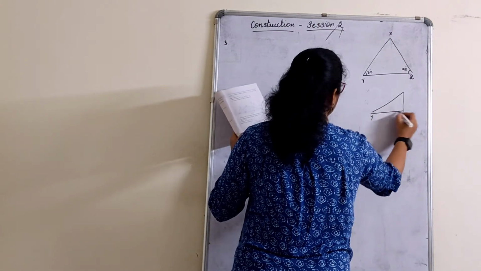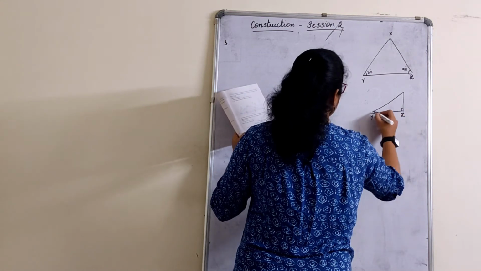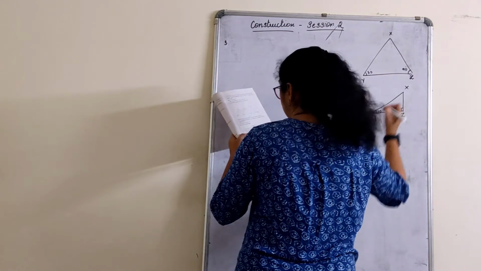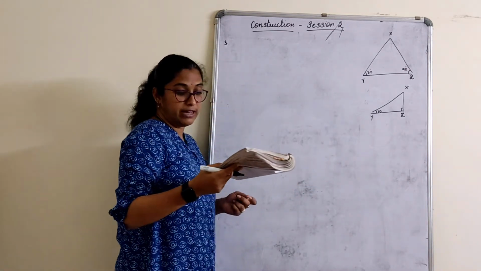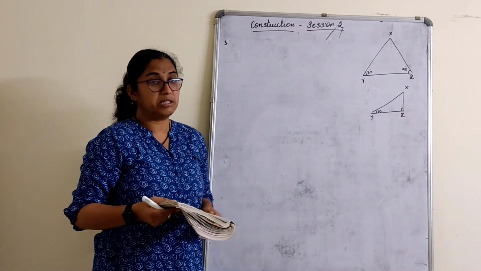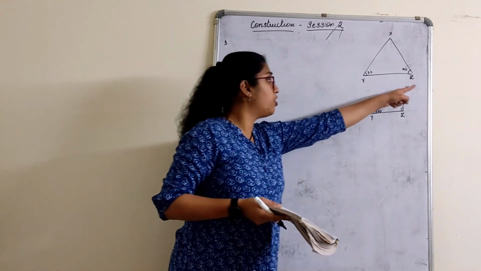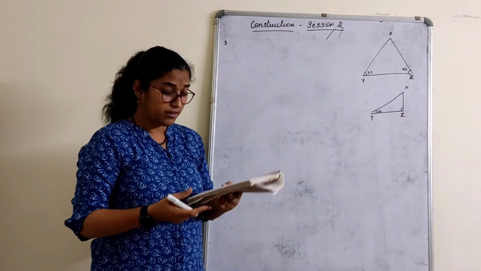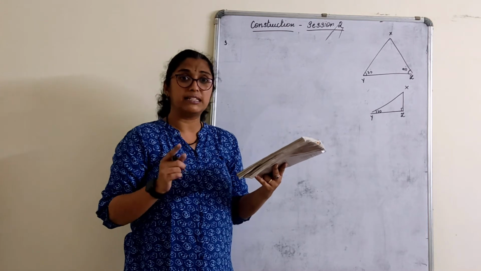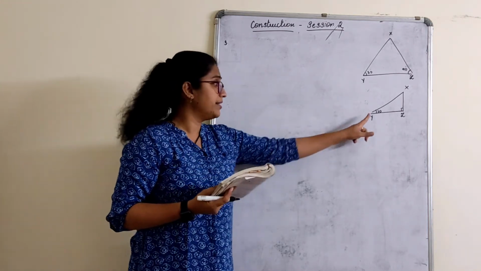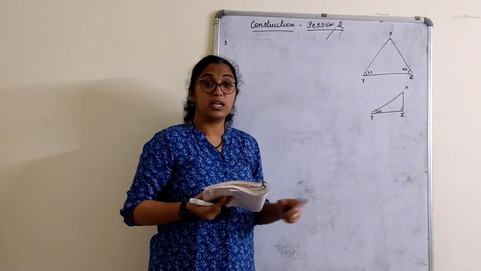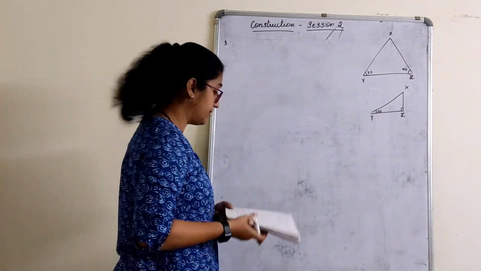Then Z is 90 degree and Y is 30 degree. Perimeter. See, sometimes they'll give you XY plus YZ plus ZX is equal to 11 centimeter. But what is this? Sum of all the 3 sides of a triangle. Construct a triangle whose perimeter is 11 centimeter and the base angles are these. Am I right? These are the base angles. Question can also be asked like this.